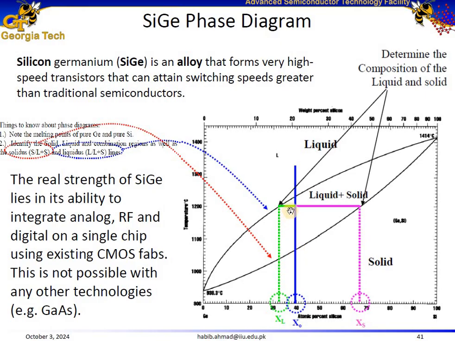Above 1070 degrees C and below 1230 degrees C, the silicon-germanium is going to be in mixed phase. Part of the material is going to be solid and part of the material is going to be liquid. So there are two questions: how much of the material is solid and how much is liquid? And secondly, in the solid part, what percent is silicon and what percent is germanium? Similarly, in the liquid part, what percent is silicon and what percent is germanium? So we have to determine that.